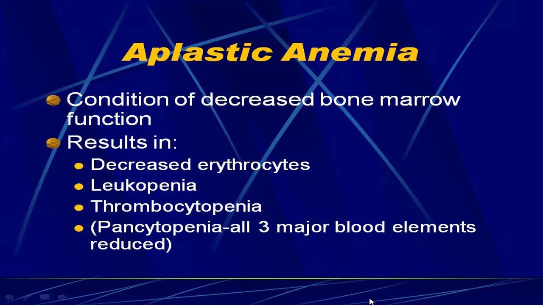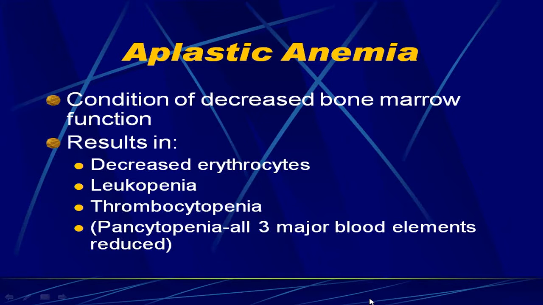With aplastic anemia, this is a condition of decreased bone marrow function. So when we have a problem with the bone marrow, not only are the red blood cells affected, but the person is going to have a problem with white blood cell function and platelet function. And so pancytopenia is when all three major blood elements are reduced. And so we can see right here, this person with aplastic anemia is going to be in a little trouble.